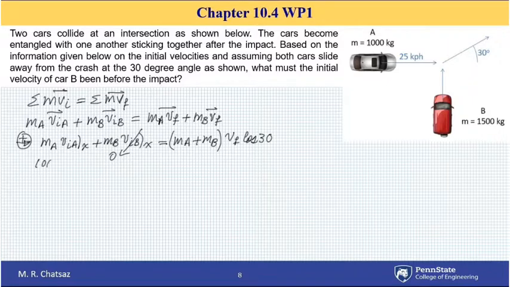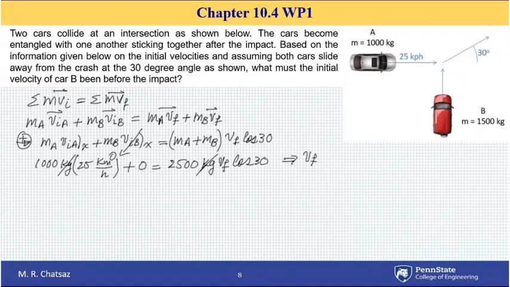So let's plug in the given values. 1000 kilograms times the initial velocity of car A, which is 25 kilometers per hour, plus 0 equals 1000 and 1500, add up to 2500 kilograms, times VF cosine of 30. Observe that kilogram cancels on both sides. Then I could have converted kilometers per hour to meters per second, but if I'm interested in velocities in units of kilometers per hour, I can leave it as it is.